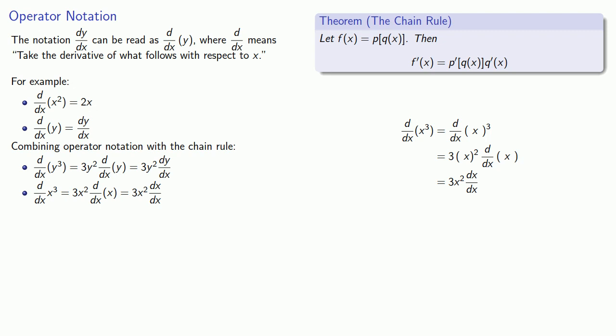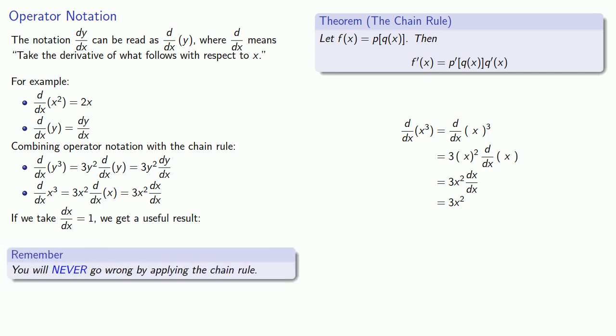If we take dx over dx to be 1, which it is, we get the following useful result. You can never go wrong by applying the chain rule. In particular, the worst thing that happens when you apply the chain rule when you don't need to apply the chain rule is you'll end up with a couple of factors of dx over dx, but if dx over dx is replaced with 1, we still get the correct derivative.